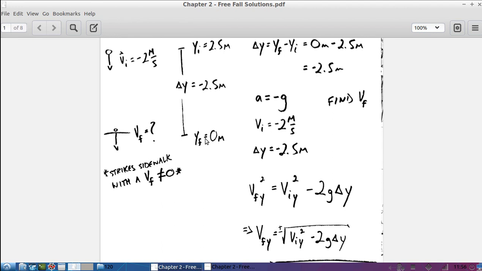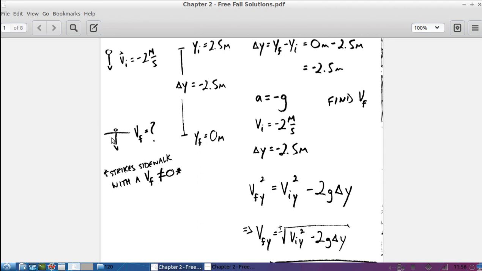Sometimes you'll see cases where somebody is on the ground and they're throwing an object up onto a building. But most of the time we'll have an object up top, some height from the earth, and its final position I like to call 0. So that means you are some positive position above your origin, the ground. So y initial in this case is positive 2.5 meters. Y final is 0 meters.